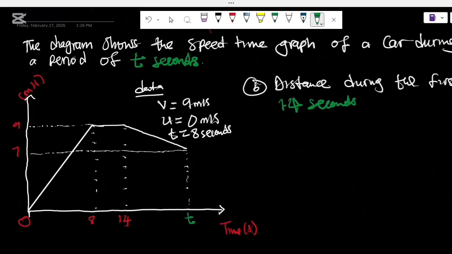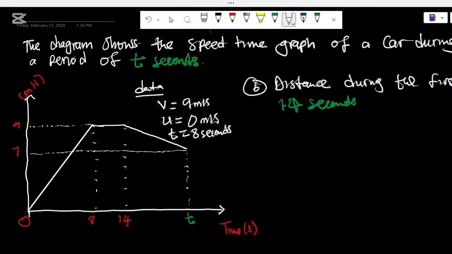How can you deal with that? Well, notice that during the first 14 seconds, we have this particular area. And remember that when you are dealing with the distance covered, you have to find the area under the graph.